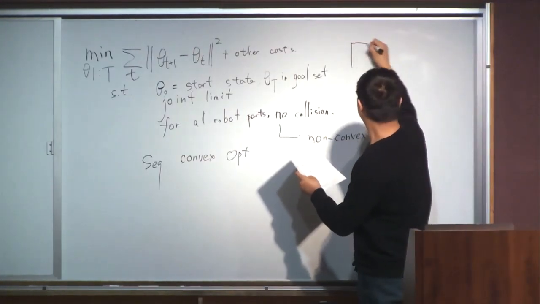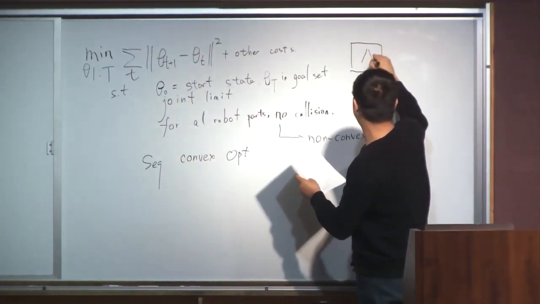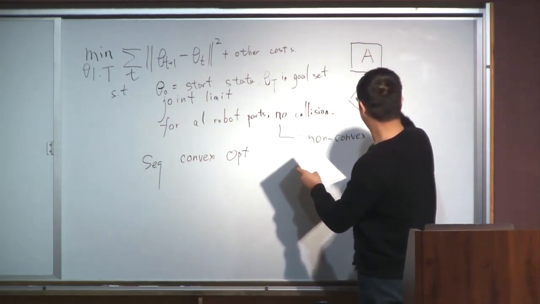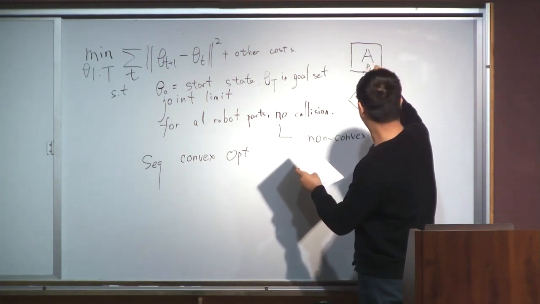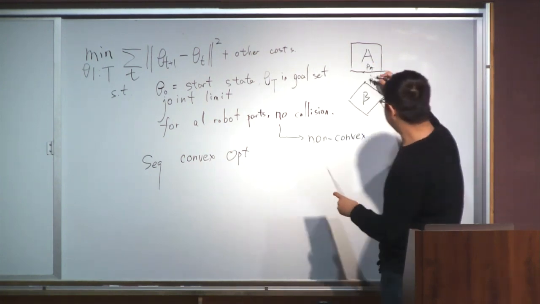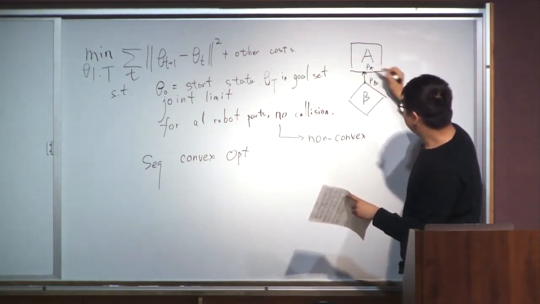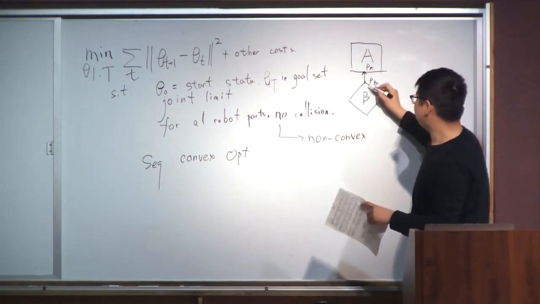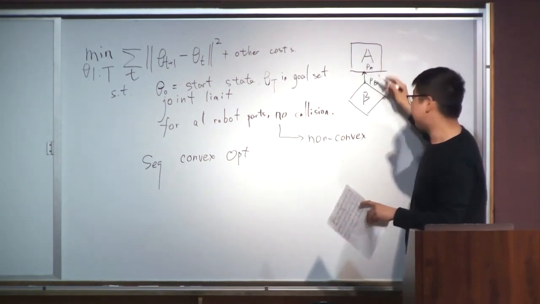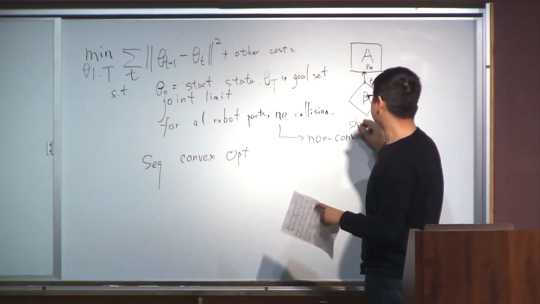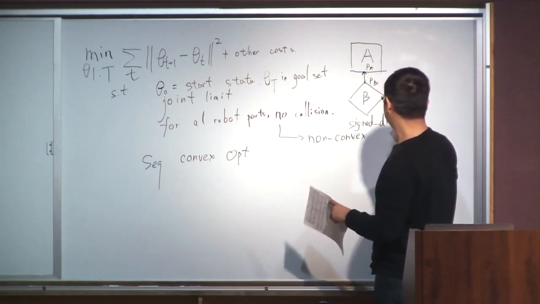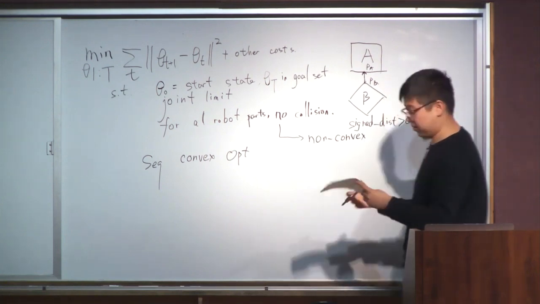There is a body A, body B, and some points P_A, P_B. If P_B is outside A, then this distance is positive, and we call it signed distance, which is greater than 0.